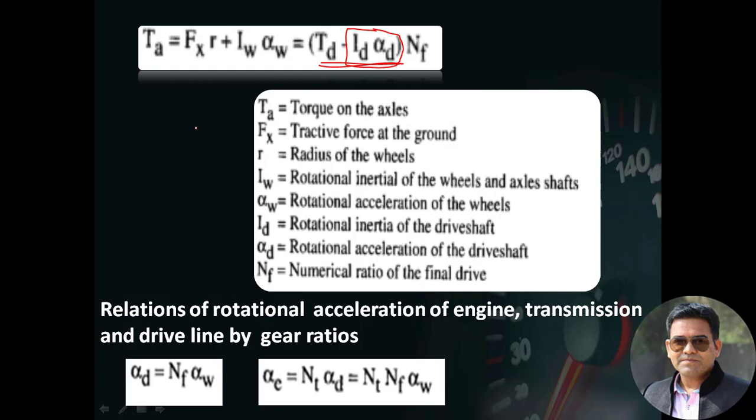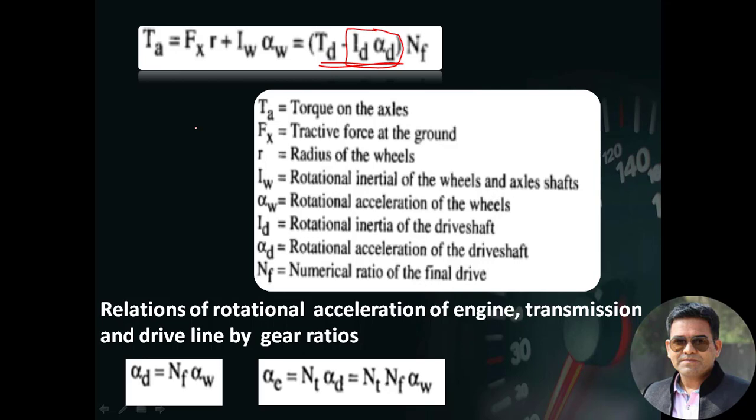Again I am repeating, this TD indicates the drive shaft, and ID into alpha D indicates the inertia loss occurring in between the drive shaft and the drive axle. Now in between these two components, the drive shaft and the drive axle, we have one more gearbox, which is called the final drive.